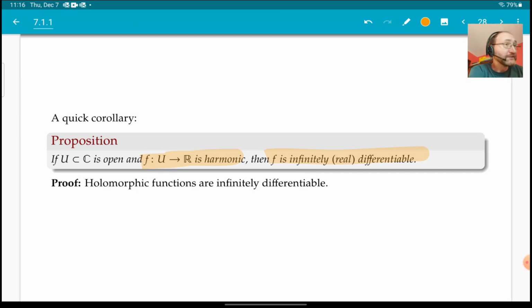This one is only real differentiable, but we get infinitely many derivatives. So even though we just assumed 2, we automatically get all of the higher derivatives as well. So any solution to the Laplace equation is infinitely differentiable.